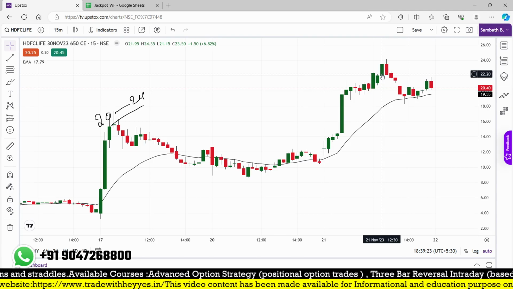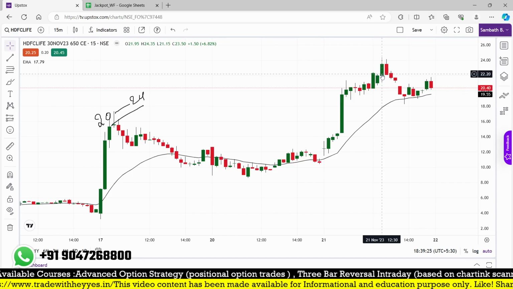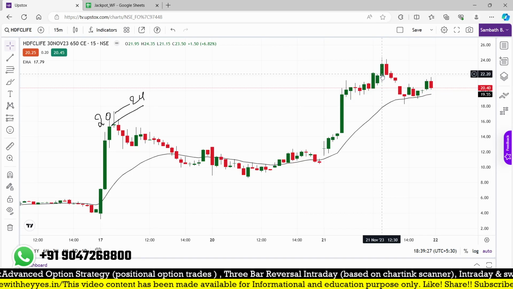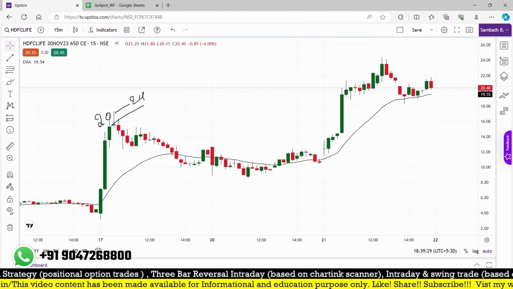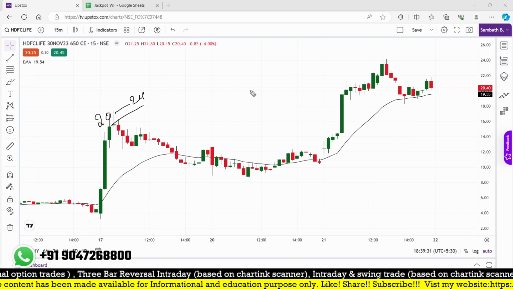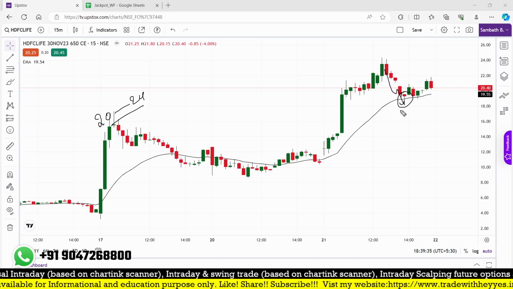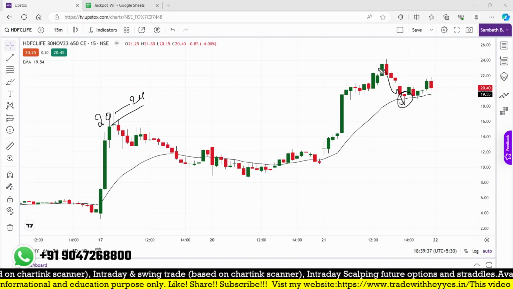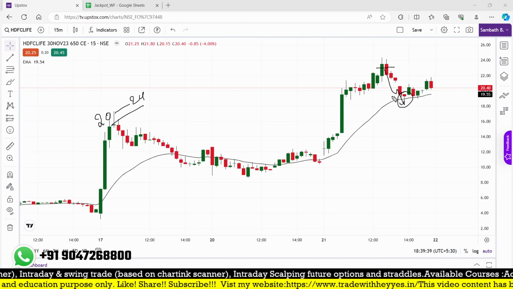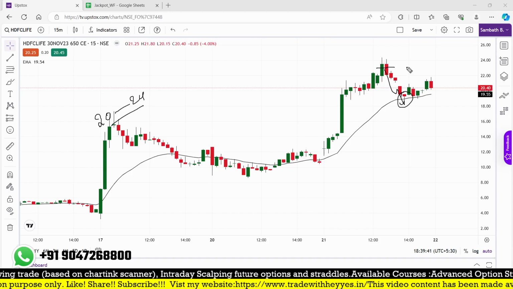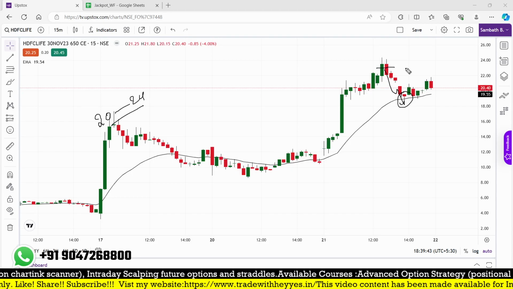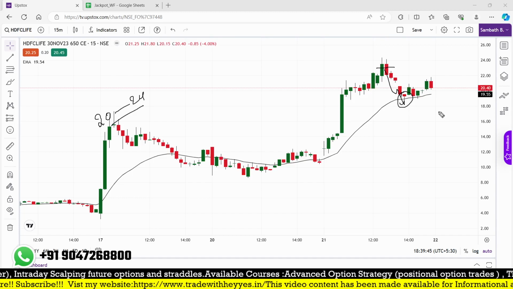So it is a valid entry, but after that it moves down. If you missed this entry, you are not going to take an entry at the lower level. If it is moving down, you can watch other charts and indicators and try. Or if you have already taken it, you can keep your stop loss and wait for your target. If you are planning a positional strategy, you can keep your stop loss.